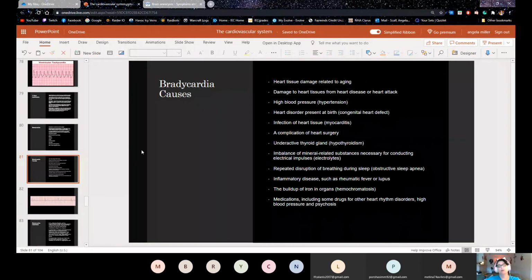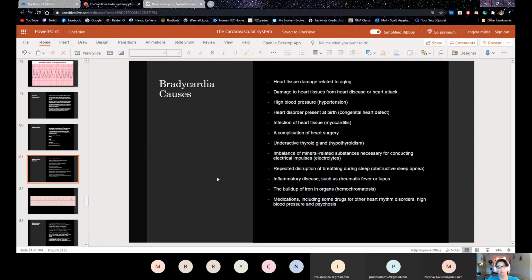Now, sometimes bradycardia just happens because of people getting older. As you age, your heart muscles and everything start to become less effective, and especially if you've led a lifestyle where you weren't active, or you did smoke, or you did drugs or something like that, it can damage the heart tissue.